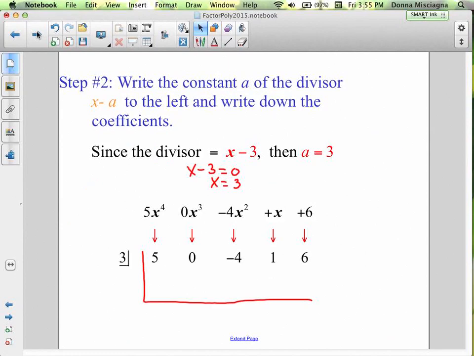So it's real important that we have all of our spaces represented, and that's why we have to include the 0 for the x cubed. We can't leave them out. Otherwise, our equation will be all messed up when we try to divide, because we'll be missing a whole place. All right, so now just watch along.